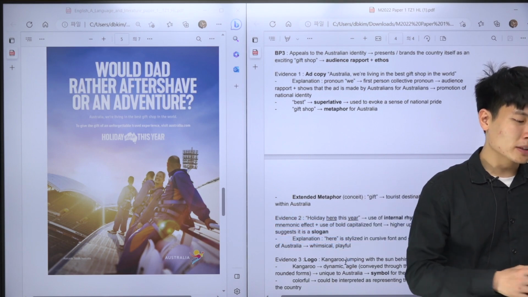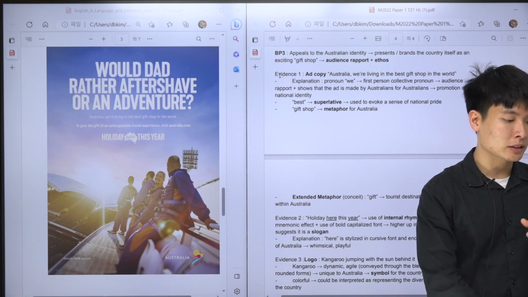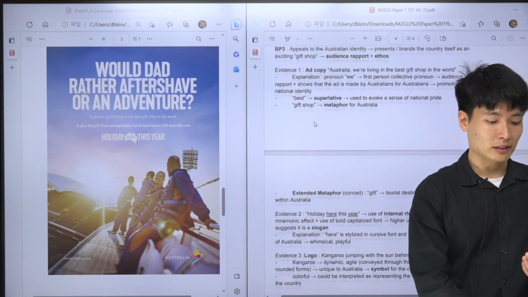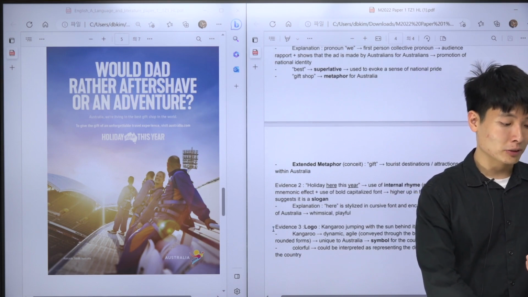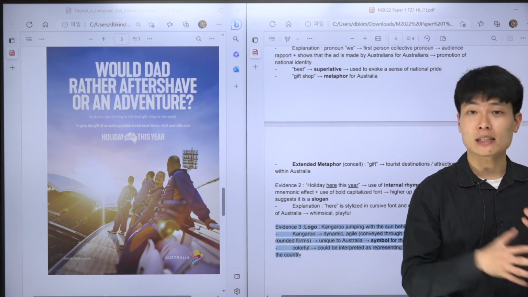And normally for these body paragraphs, I would say aim for two good evidence and explanation pairs. Although, if it's very relevant, you can feel free to bring in a third evidence and explanation pair in your body paragraph as well. So that's what I'll be doing for that last paragraph.